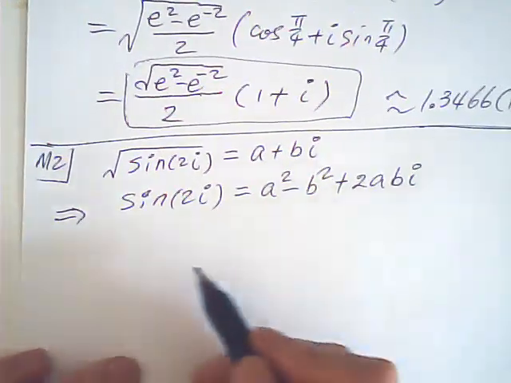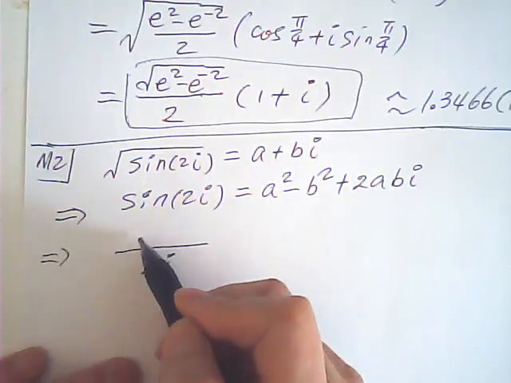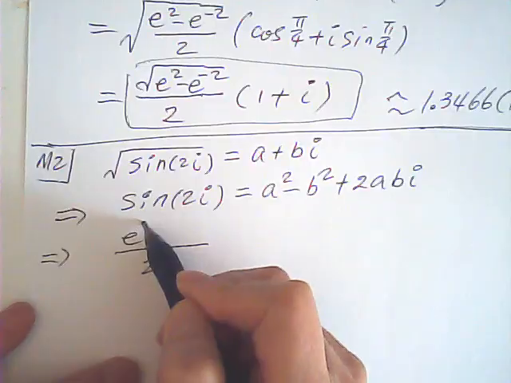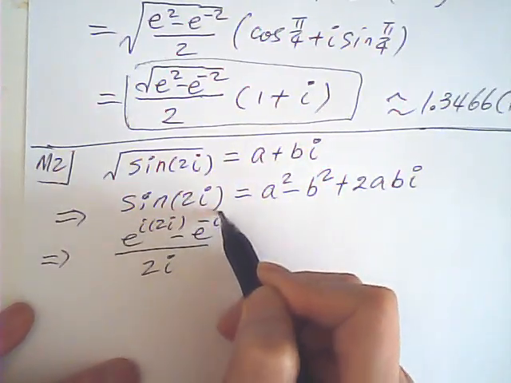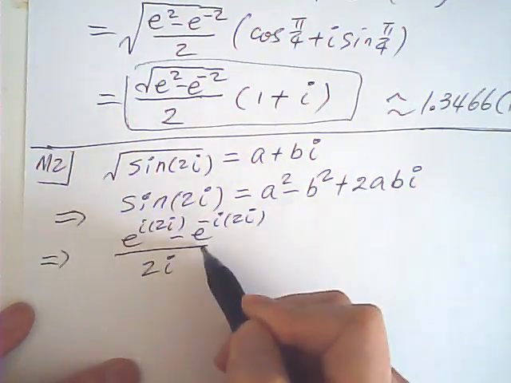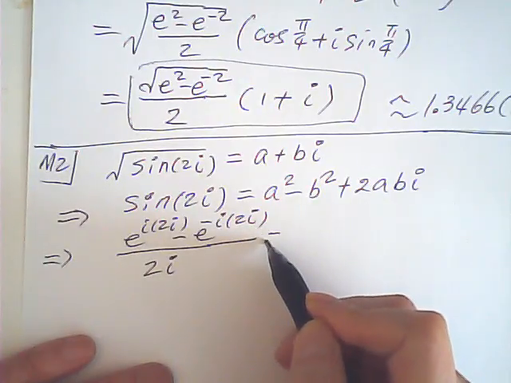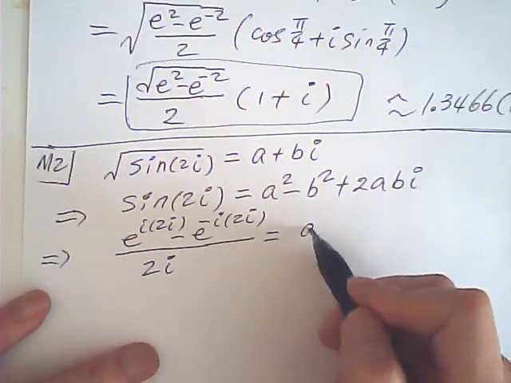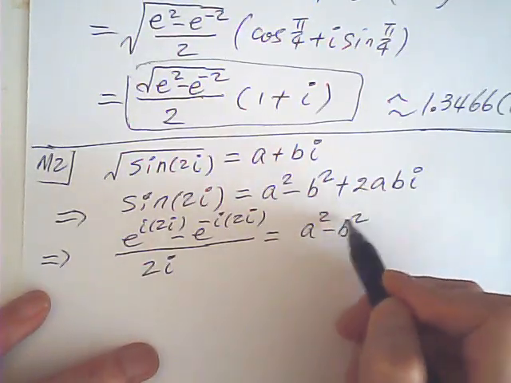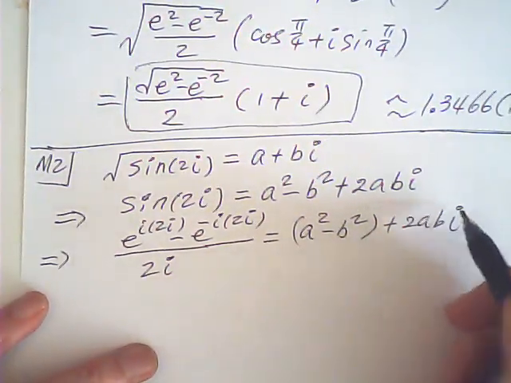Then I'm using the formula of 2i e to the i 2i minus negative i 2i, right, is equal to a squared minus b squared plus 2abi.